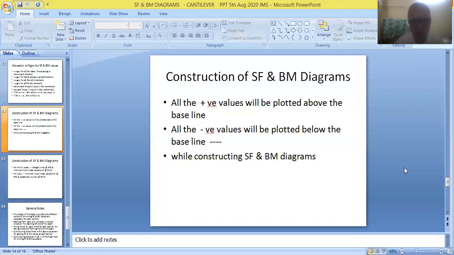And similarly, positive values of bending moments will be coming above the baseline of the BM diagram, and the negative values of bending moment will be coming below the baseline of bending moment diagrams. So friends, these are the simplest basic rules to be remembered while preparing shear force and bending moment diagrams.